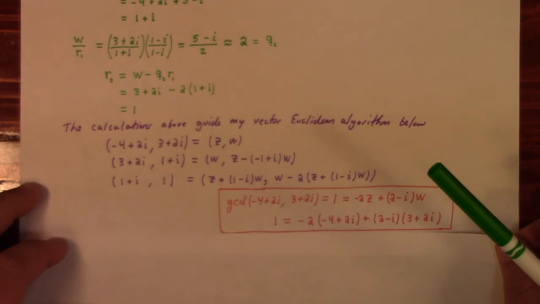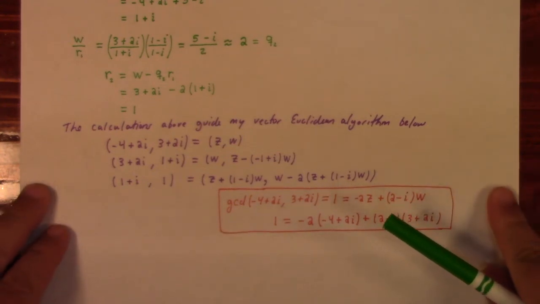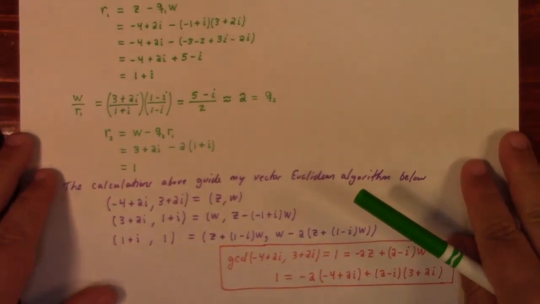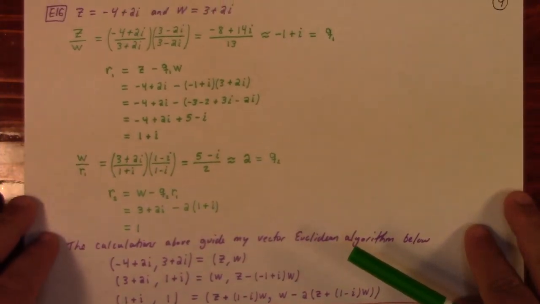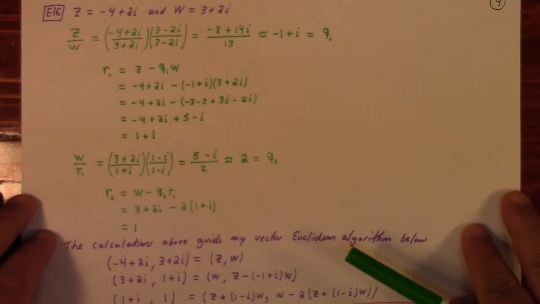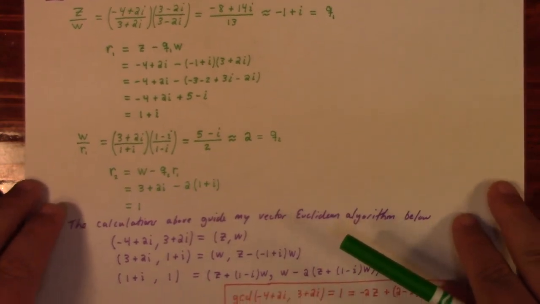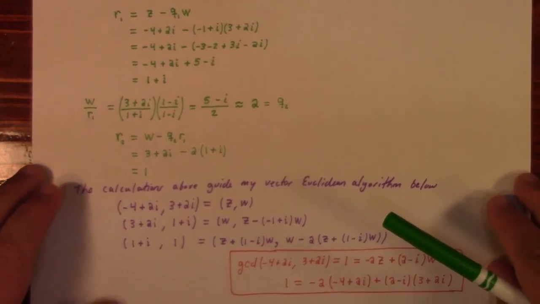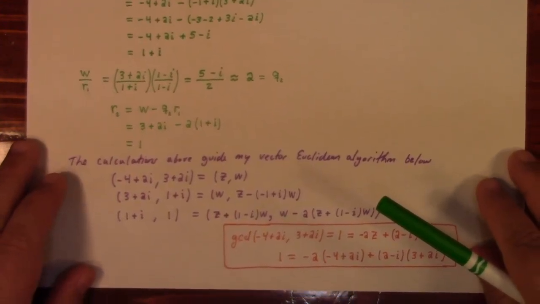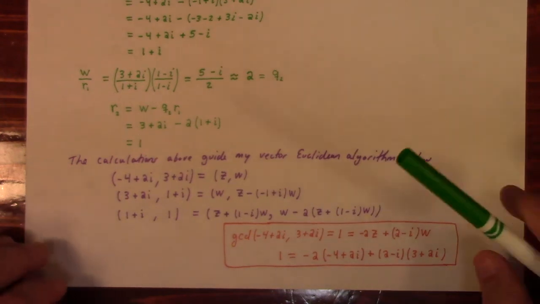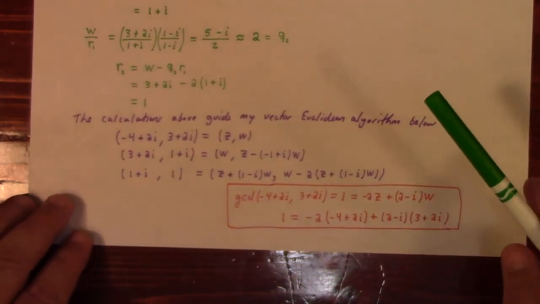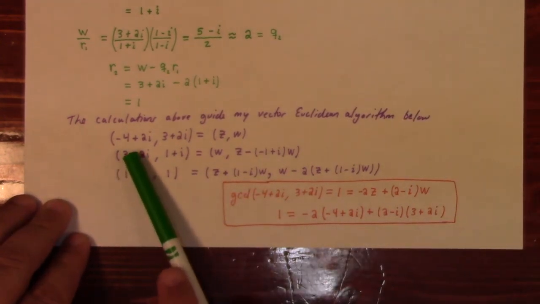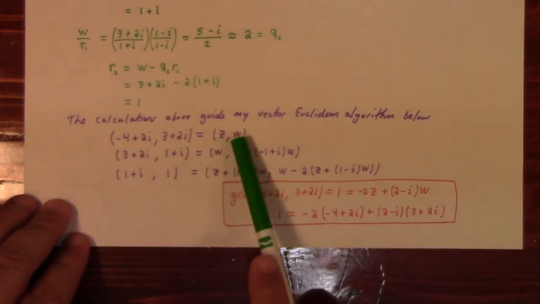Okay, so anyway, here's the calculation that I just did above, alongside the vector Euclidean below, right? Now, when I'm doing the ordinary vector Euclidean algorithm, I can kind of just do it in the vector way to start with, but I'm finding that I need to think through it before I try the vector thing. You find the notation which is best for you. We had minus 4 plus 2i and 3 plus 2i as z and w.